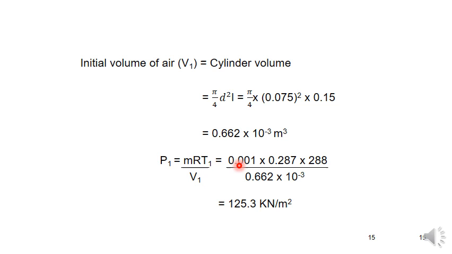I am substituting all the values: mass, R value, the ideal gas constant value, initial temperature value, and initial volume, whatever you got, 0.662 into 10 to the power of minus 3. So we got P1 in kilonewton per meter square, because we take R as kilojoule per kg Kelvin. That's why you got the pressure in kilonewton per meter square.